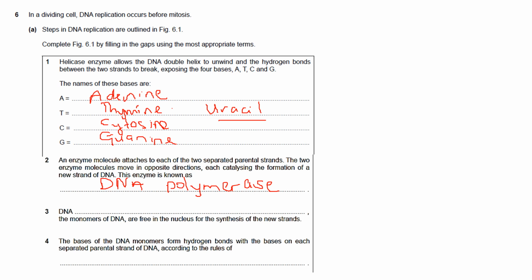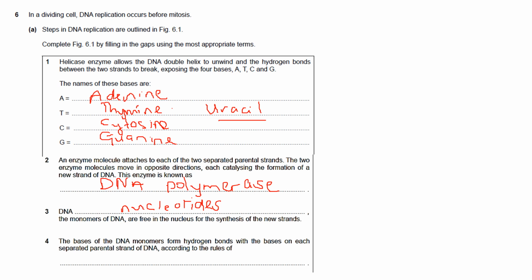Then it says DNA dash, the monomers of DNA are free in the nucleus for the synthesis of new strands. So for the synthesis of new strands, you need DNA nucleotides. Those are the monomers of DNA. Okay, DNA nucleotides. The bases of the DNA monomers form hydrogen bonds with the bases on each separated parental strand of DNA according to the rules of.